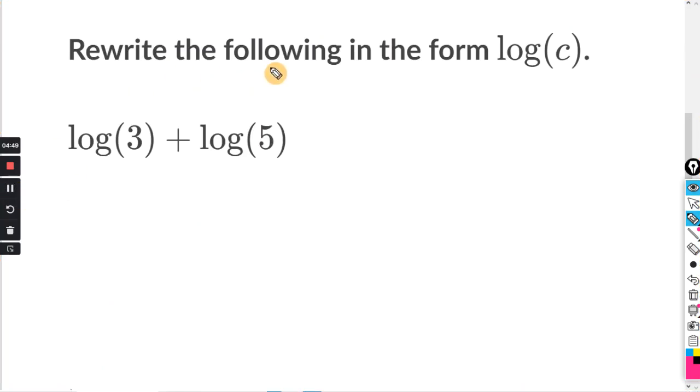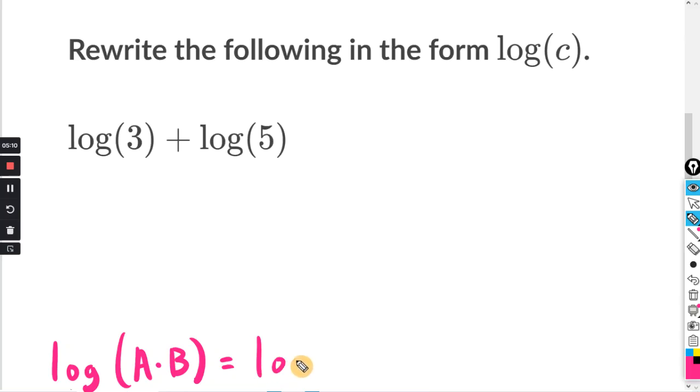All right, they want us to rewrite the following in the form of log of c. So if you recall from before, the log of a times b, or you can say m times n, same thing. Log of a times b equals the log of a plus the log of b. All right.